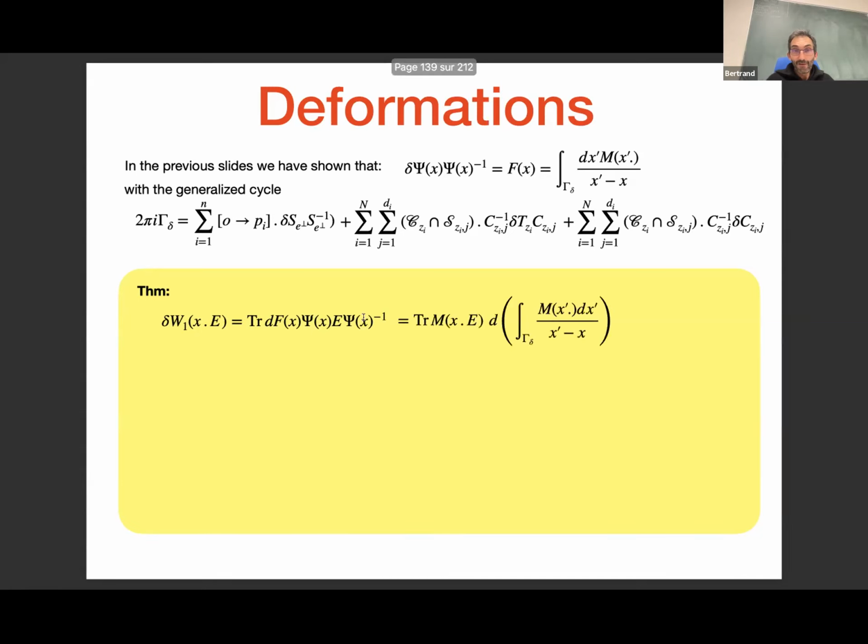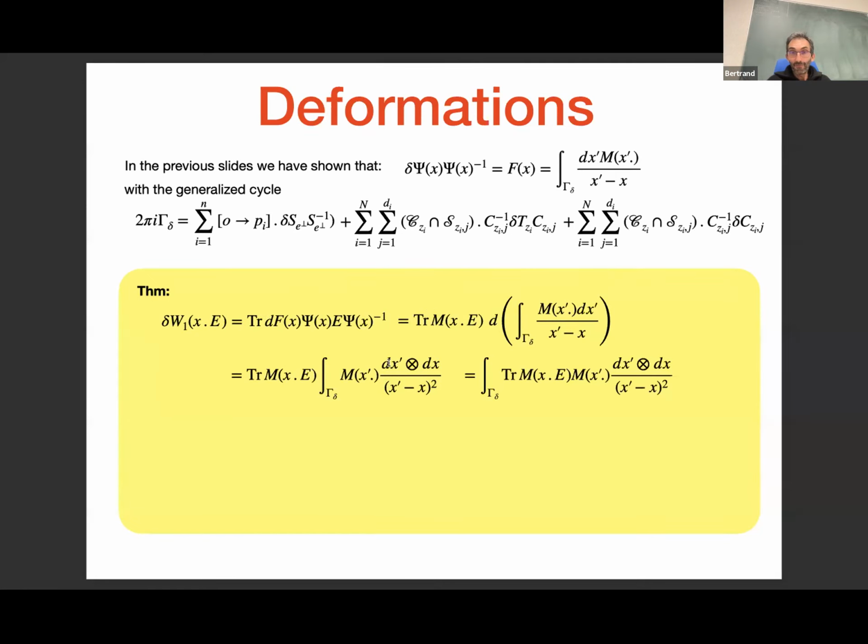You see here that in this equation you have a psi E psi inverse, so you recognize an M, and you have a differential of F, and F is written here; you take its differential. The d here refers to the differential with respect to the variable x, and the only place where x appears is in the denominator there. So when you differentiate, it creates a dx over (x prime minus x) squared. So this is the formula that you get.